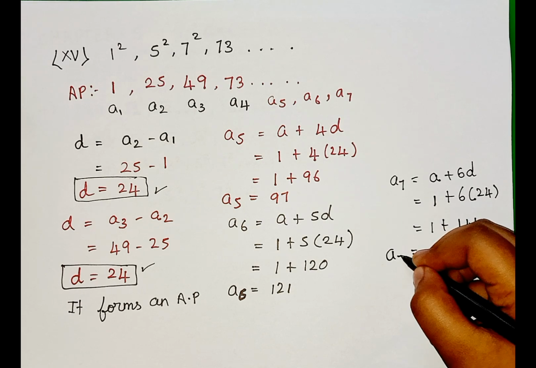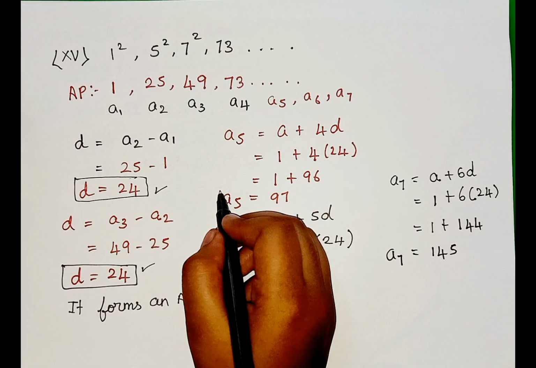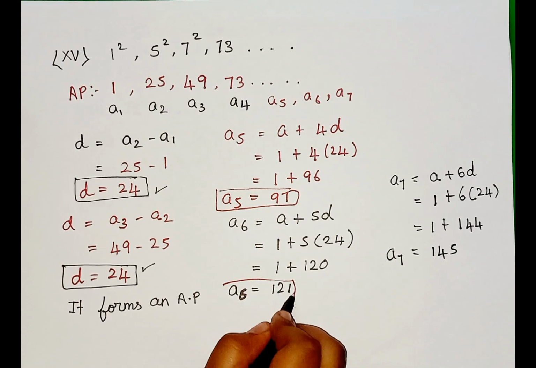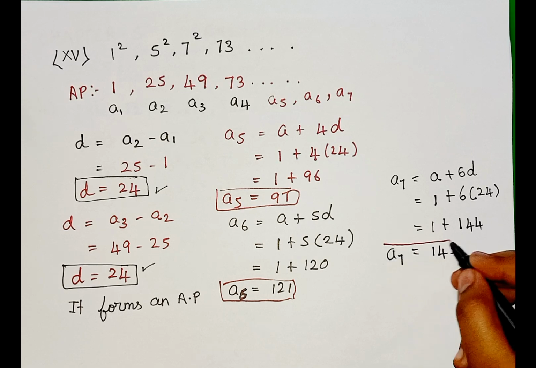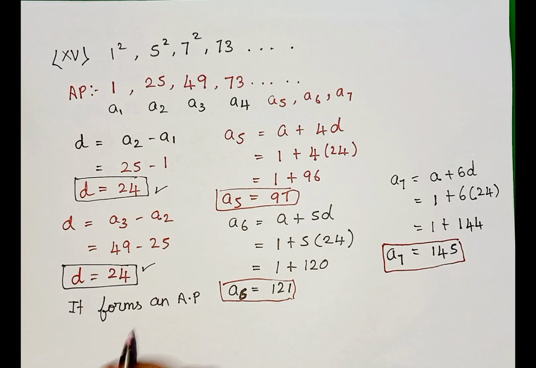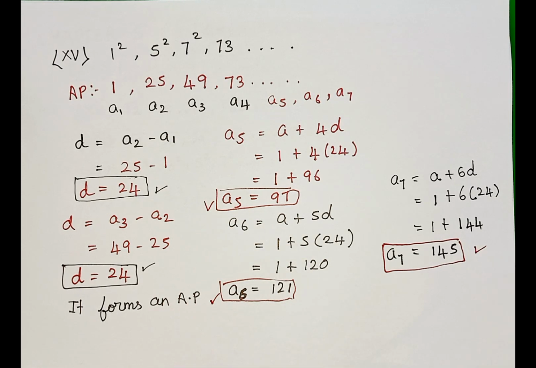This is going to be our A7 value. Perfect. So finally we got the A5 value, A6 value and A7 value. That means finally we found the 3 more terms, isn't it? Just because we found the 3 more terms, that means we solved this 15th subdivision. So finally we are done with this exercise as well as the subdivisions.